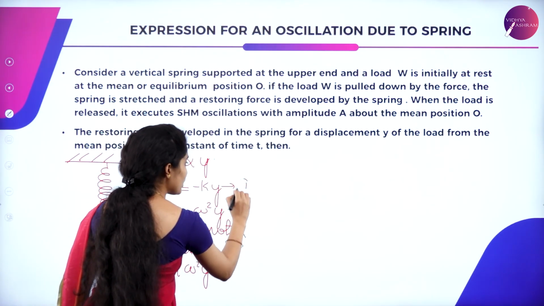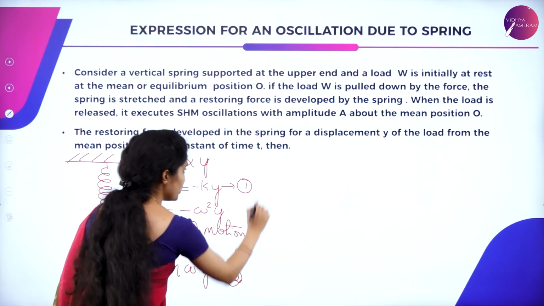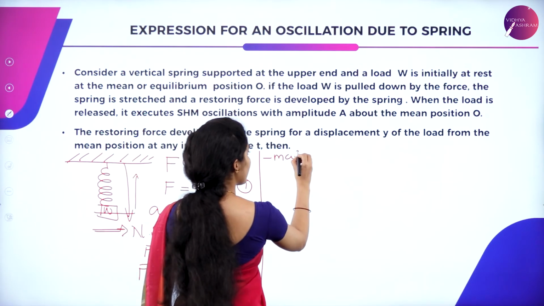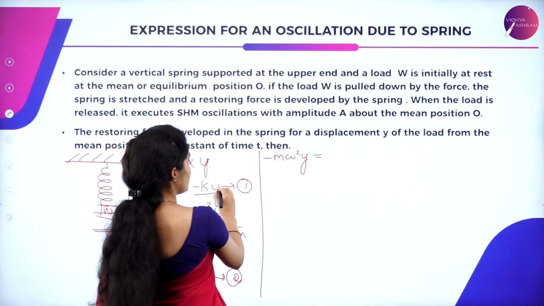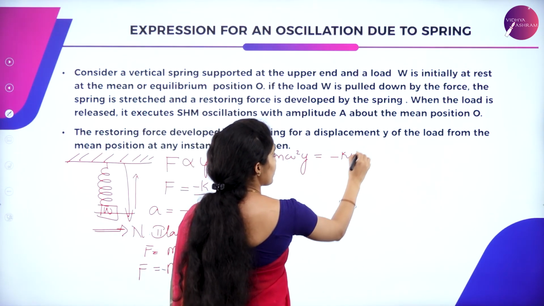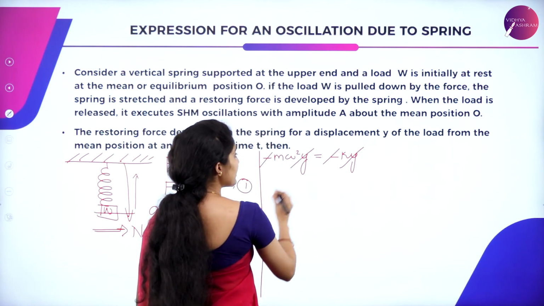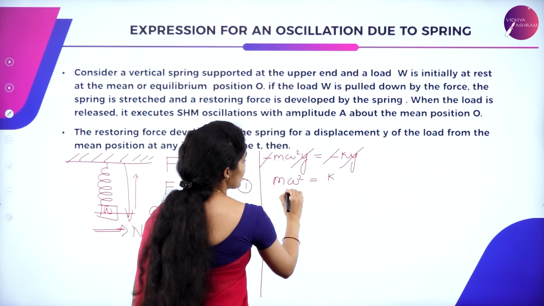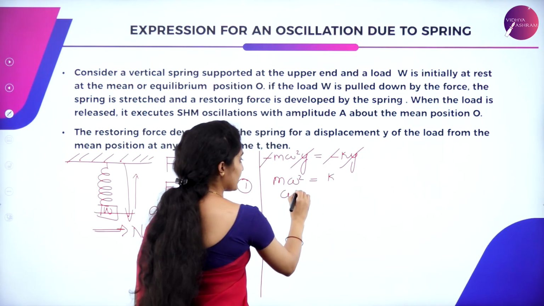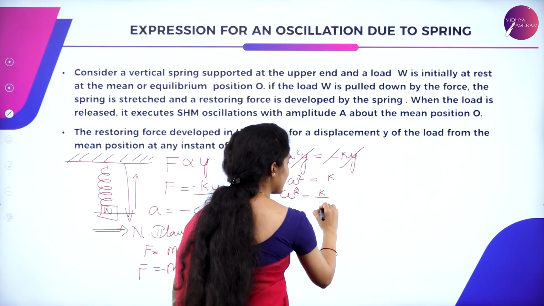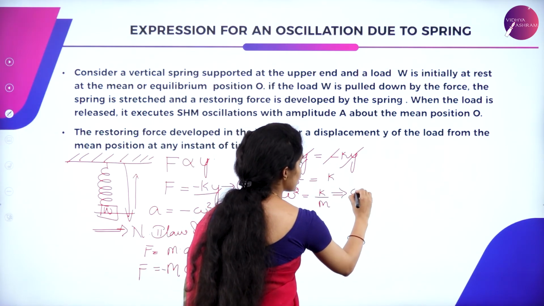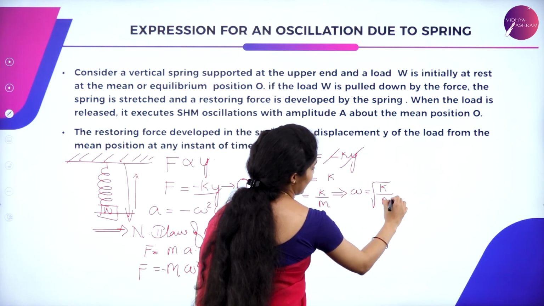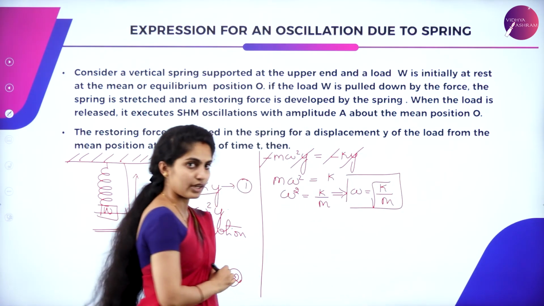So we equate equation 1 and equation 2, and that can be equated as minus m omega square y is equal to minus ky, wherein the negative and y get cancelled. So m omega square is equal to k. So omega square is k divided by m, which can be written as omega equal to root of k by m. So this will be the angular velocity.